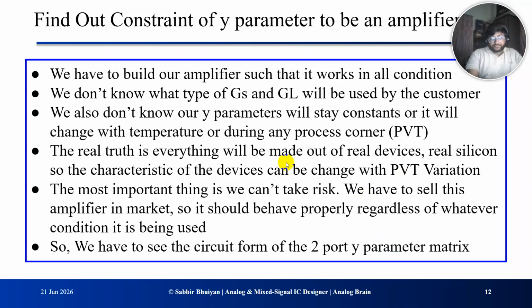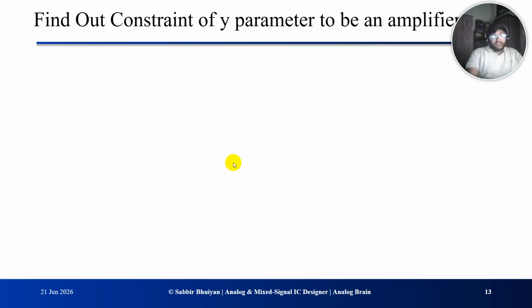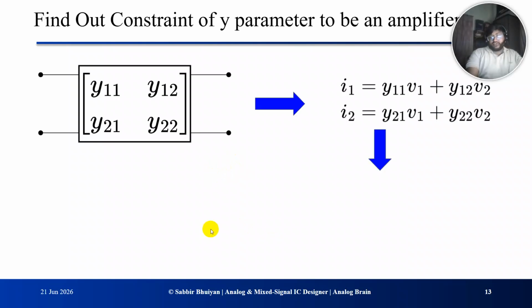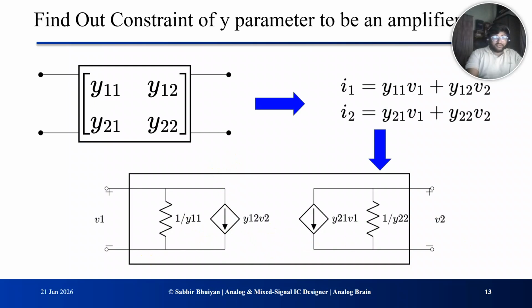So to do that, we redraw the Y parameter matrix as an actual circuit. So this is the actual circuit. Just look at this one: I1 equals Y11 V1 plus Y12 V2.